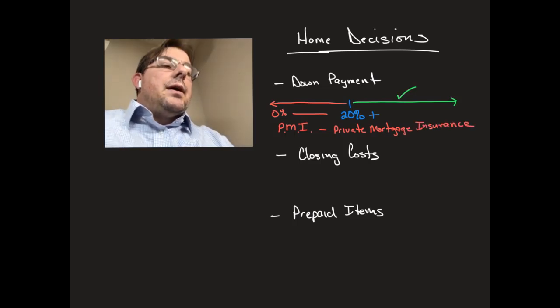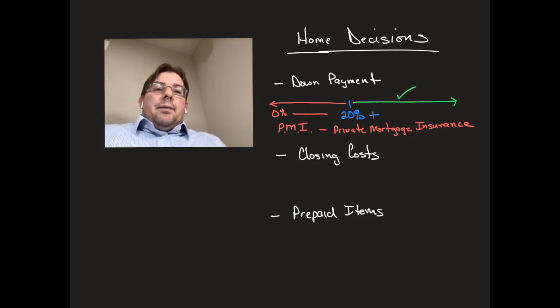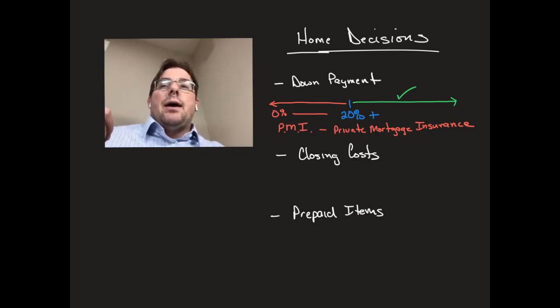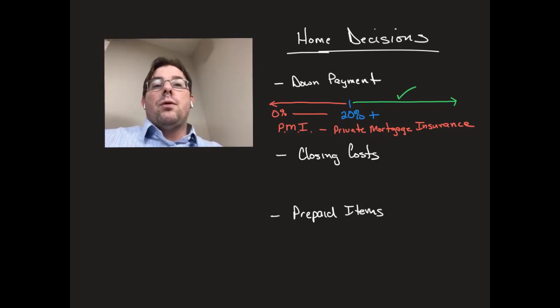Now, here's the thing about PMI, private mortgage insurance. It is an insurance product that is insurance against you as the borrower defaulting or not being able to make your payments when they're due. So a bank will say, if you're going to put down less than 20%, we are going to require you to purchase a private mortgage insurance policy on yourself.